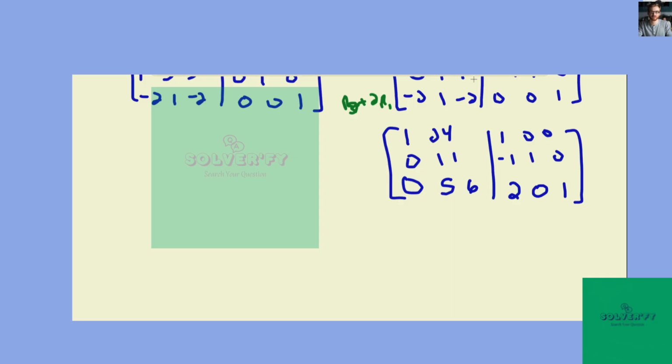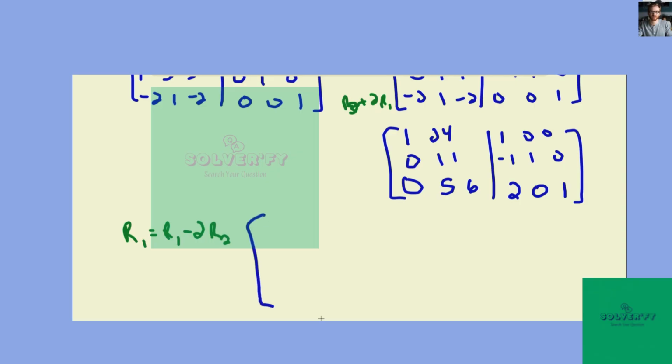All right, now we can work to get a 0 in row 1 column 2. We can achieve this by getting a new row 1. I'm going to write it over here. A new row 1 where it's row 1 minus 2 times row 2.